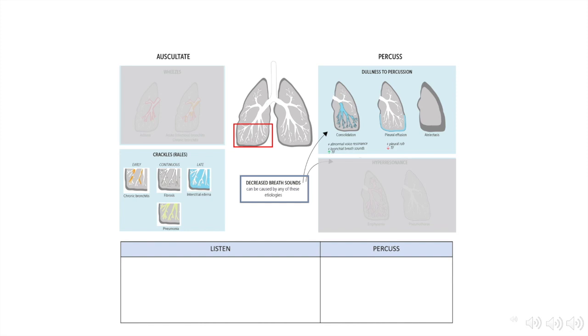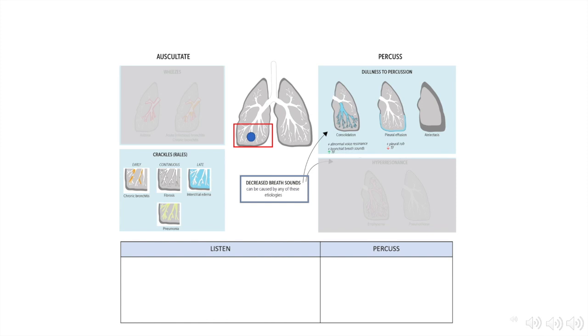So you do this. You have the patient say E, and this is what you hear. And that was an example of positive egophony, the E to A sound in that right lower lung base again.